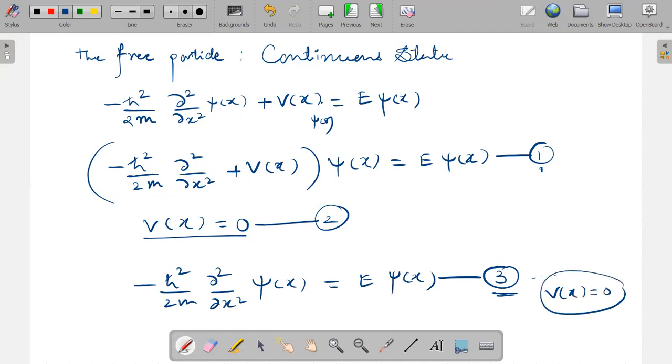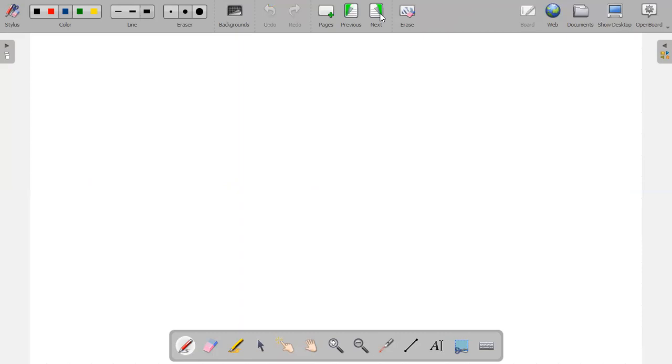Now we can rewrite the initial equation: minus h cross square upon 2m, delta square upon delta x square psi of x equal to E psi of x.